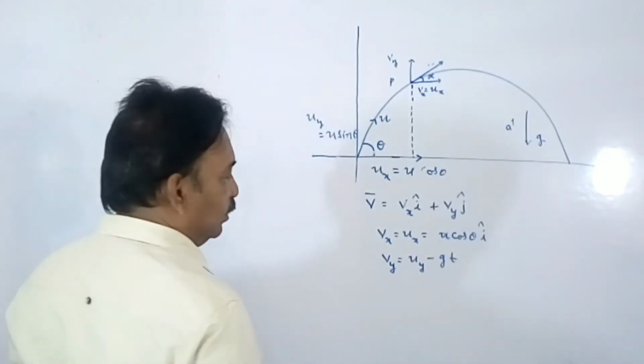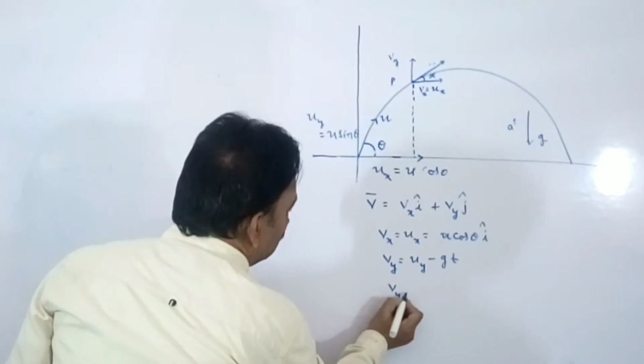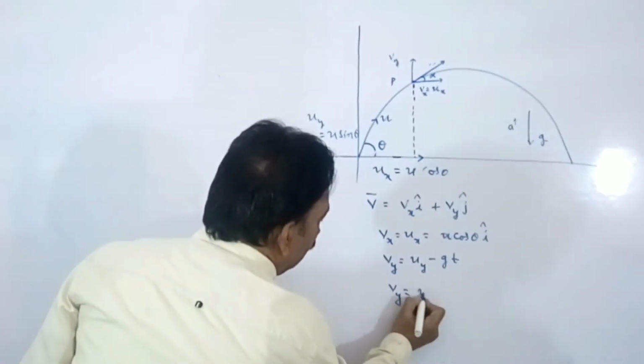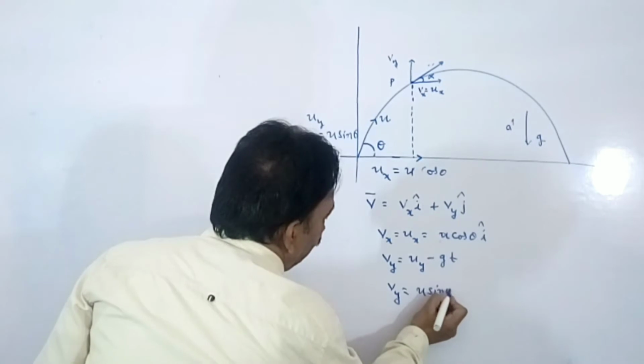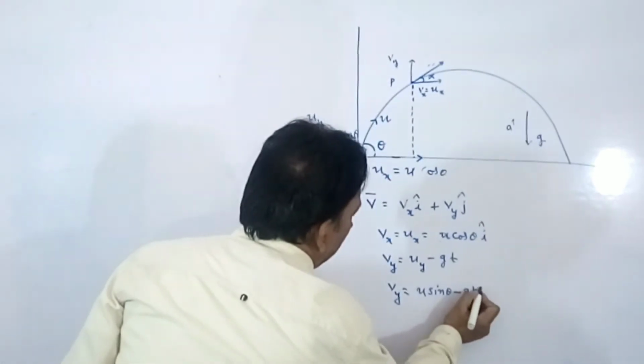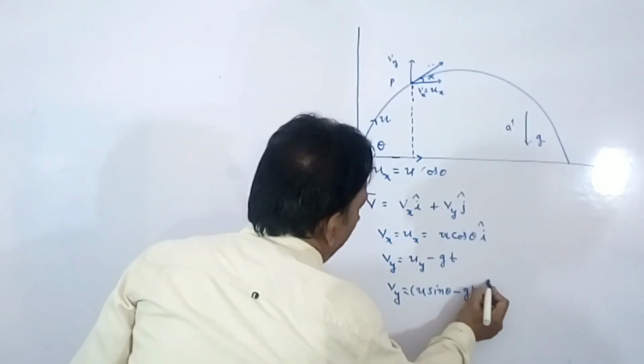Okay, students, then vy can be written as u sin theta minus gt, j cap.